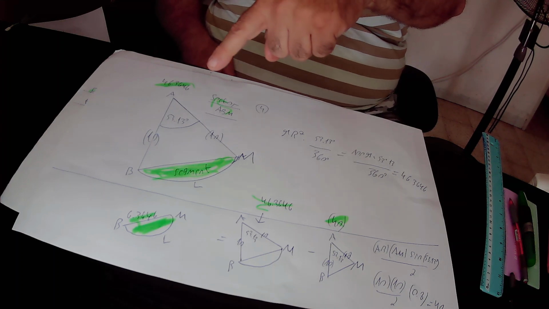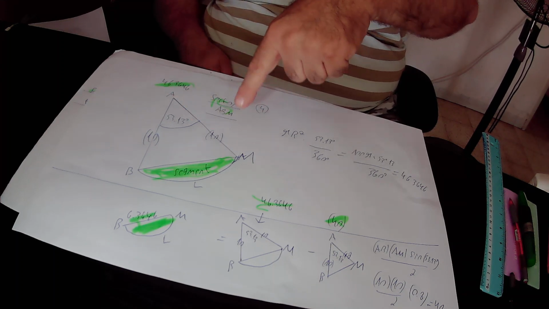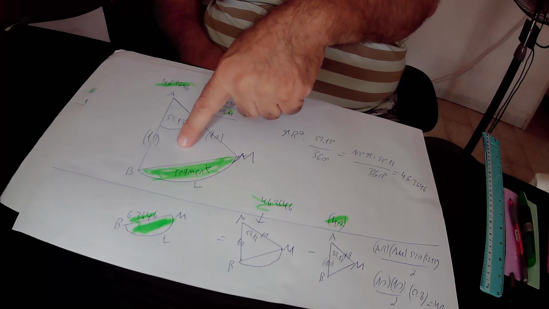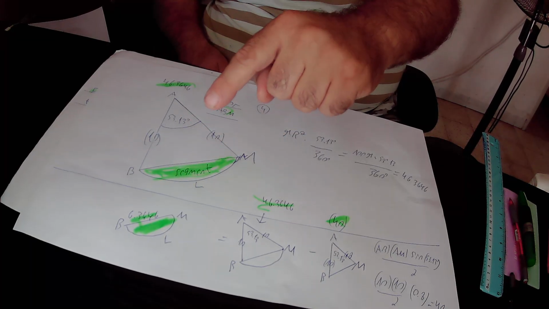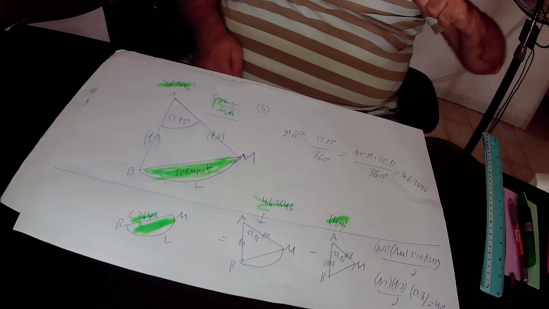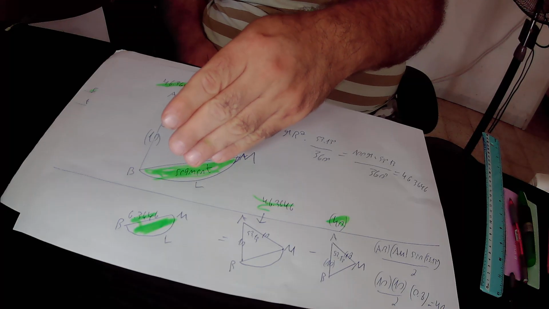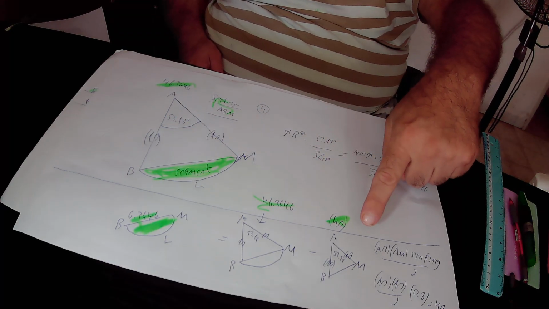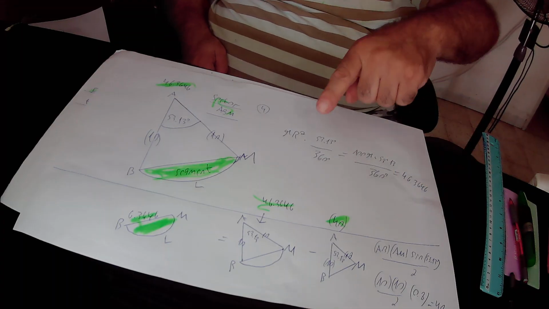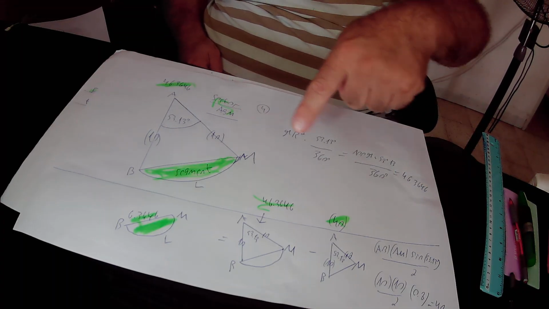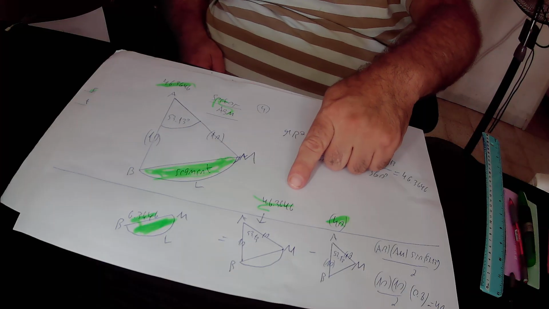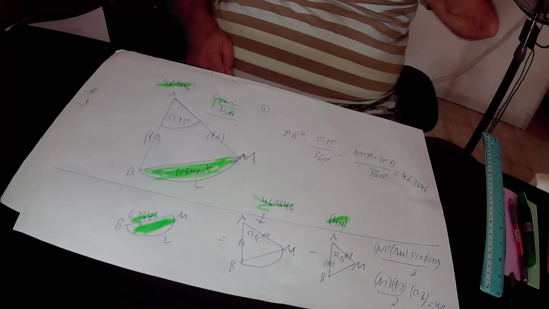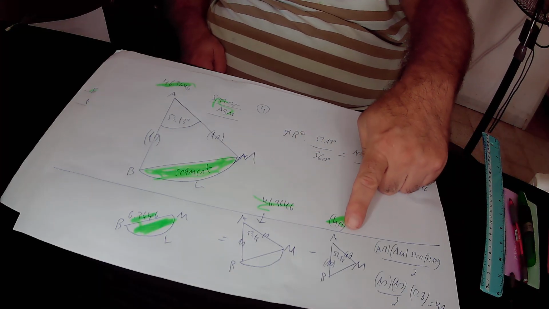If you subtract from the area of the sector the area of this triangle, we get the area of segment BLM. We already found out that the area of sector ABM equals 46.3646 units in size, minus the area of this triangle ABM.